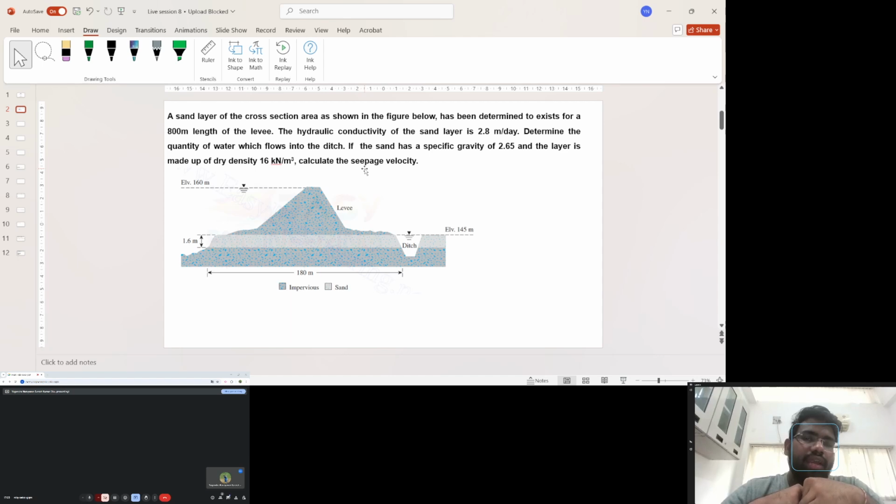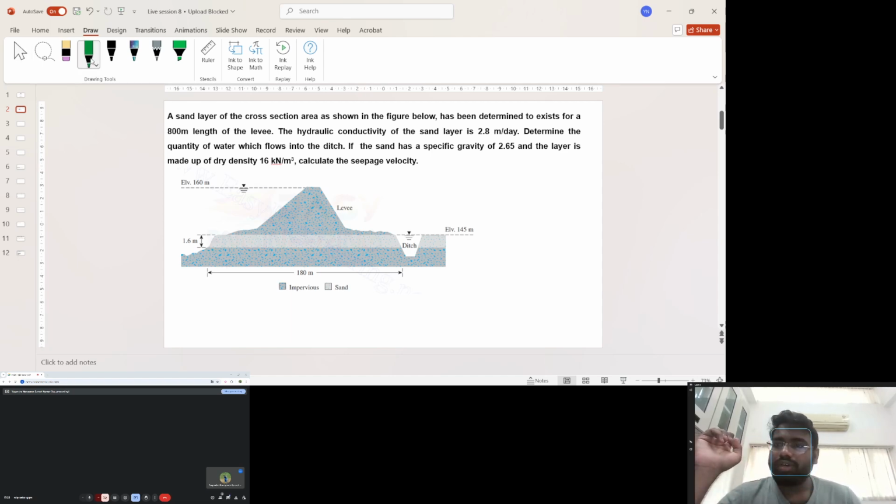The hydraulic conductivity of the sand layer is 2.8 meter per day. Determine the quantity of water which flows into the ditch. If the sand has a specific gravity of 2.65 and the layer is made up of dry density of 16 kilonewton per meter cube, calculate the seepage velocity.